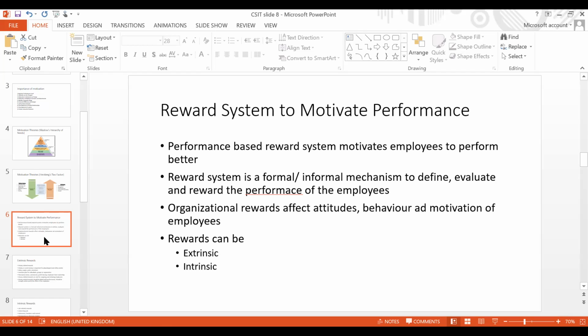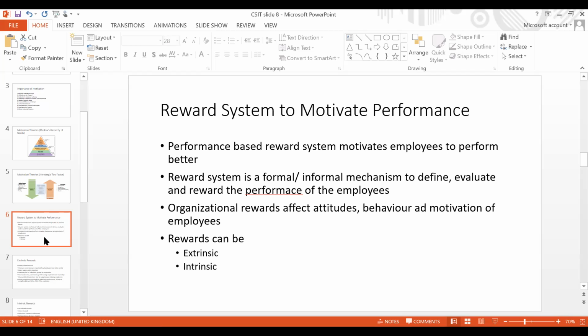So whenever there is a reward, then actually rewards are given to bring about change in the attitudes and behavior of the people. So why are reward systems there? Reward systems actually motivate people by changing their attitudes and behaviors.